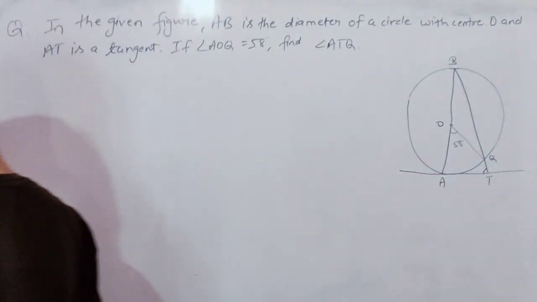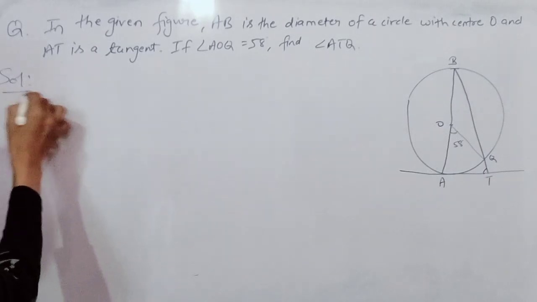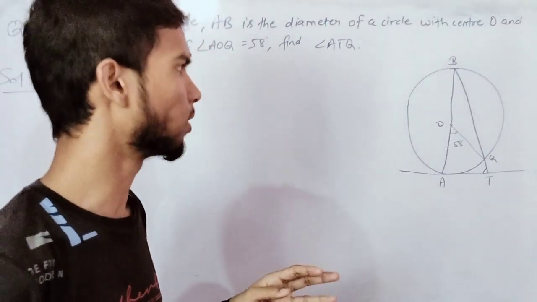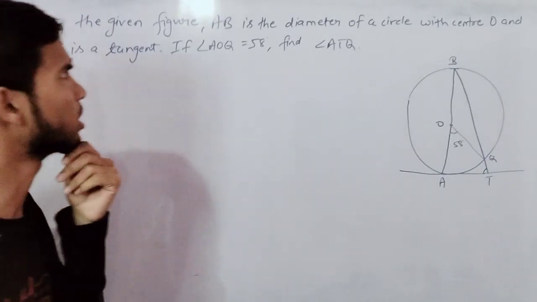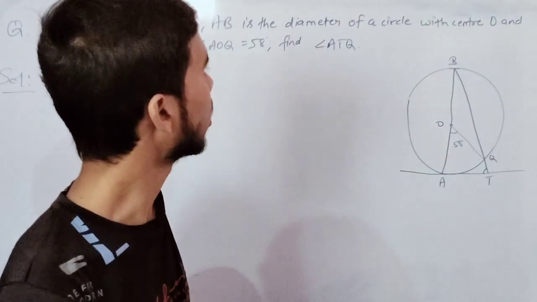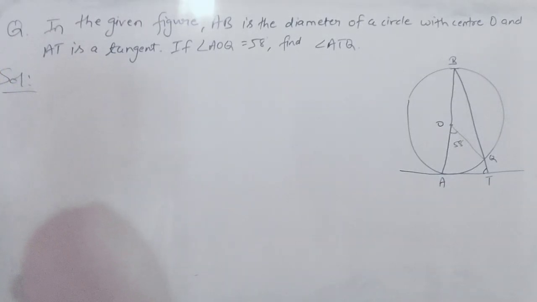This is computation. Write this. What is it saying? Now here, look at this. In the given figure, AB is a diameter of a circle with center O. And AD is a tangent.